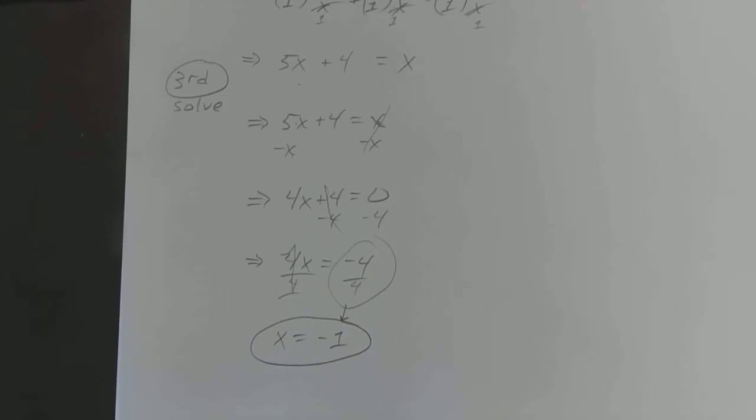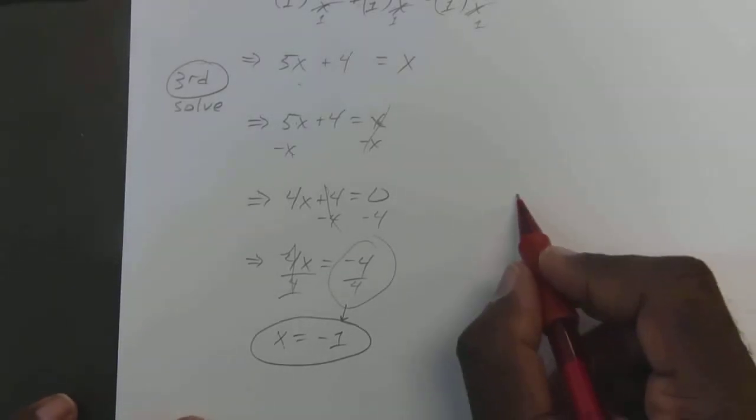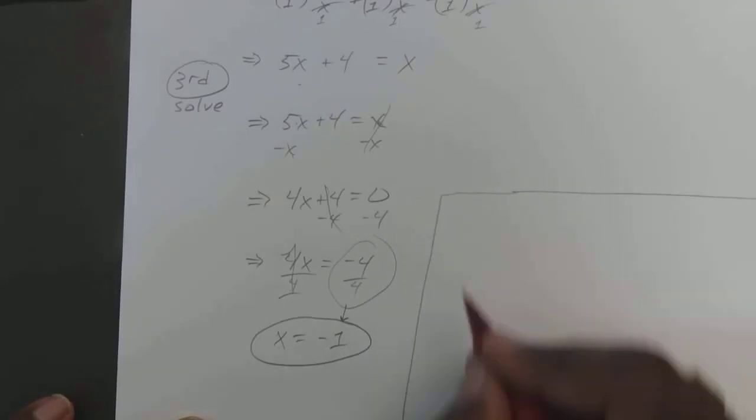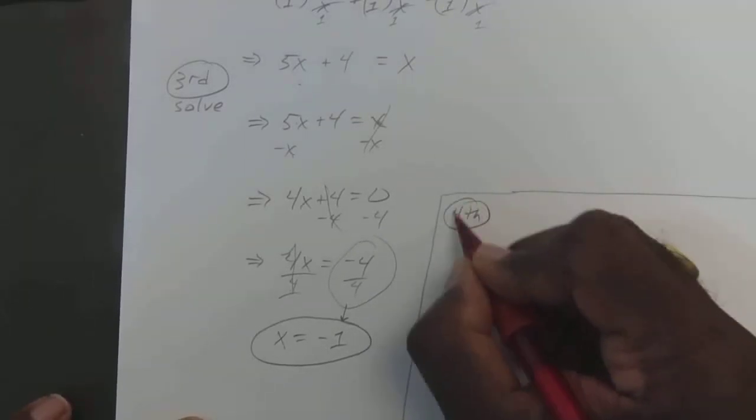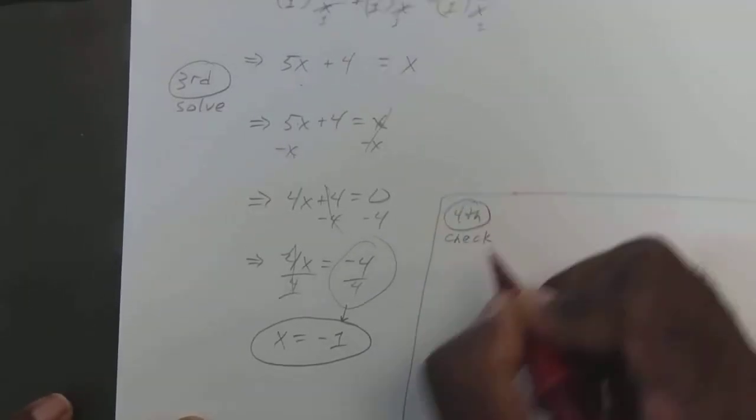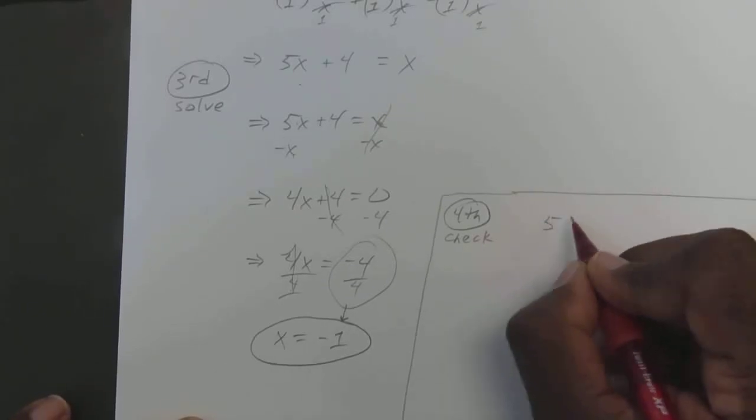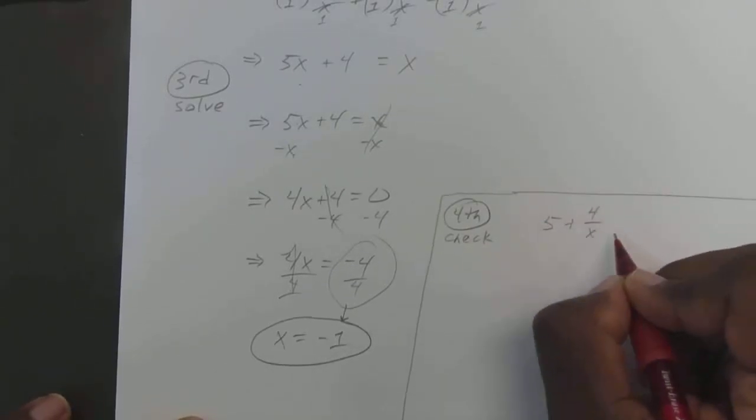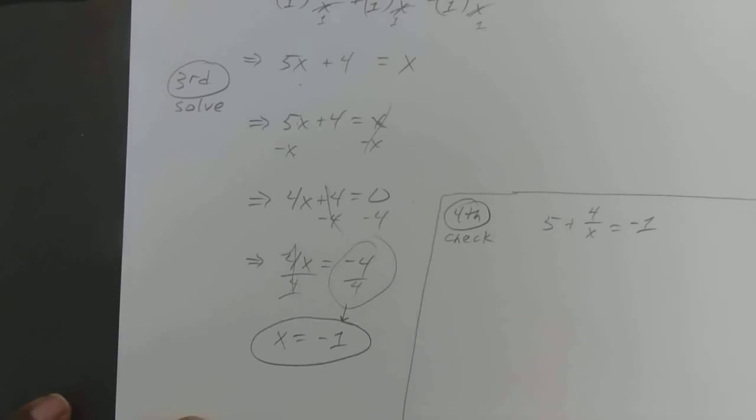Okay. And for your fourth step, like I said, you don't have to plug it in and solve it and everything else. You just want to make sure no denominators will equal 0. So we'll do our fourth step in a little box over here. Remember, that's just your check. 5 plus 4 over x equals negative 1.